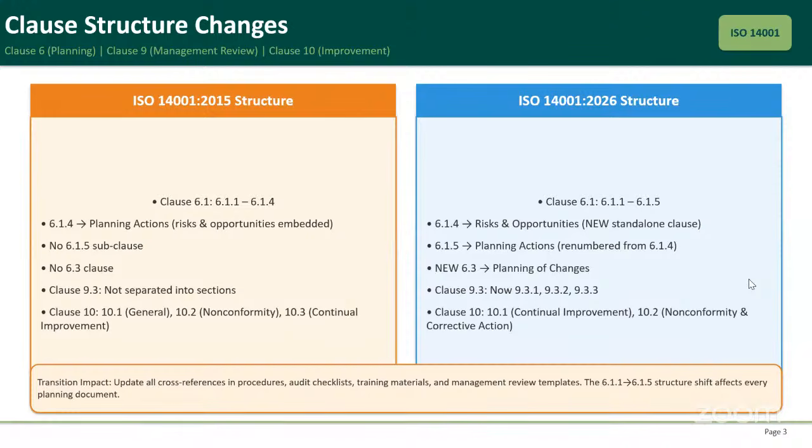What they are saying here is very simple. In your clause 4, you've identified some internal and external issues. You've identified, for example, use of high energy consuming equipment as an issue.